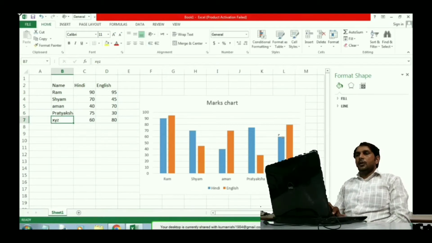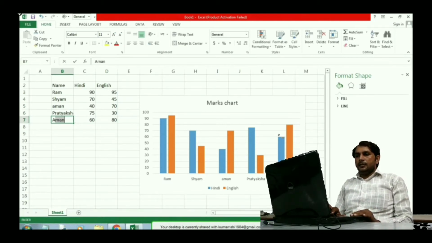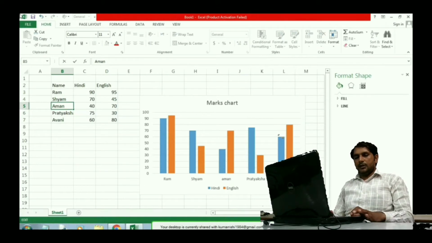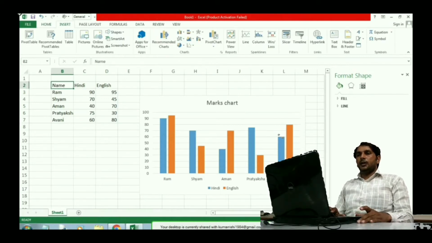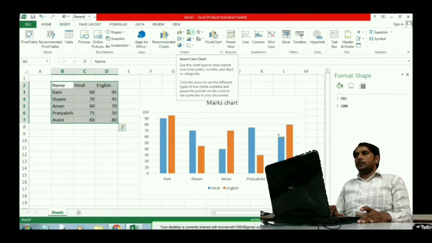Now we can insert another chart. Go to insert. First of all, select the data, go to the insert option, and click on the second chart, that is the bar chart.